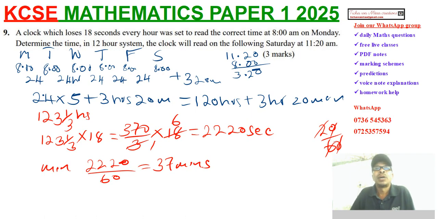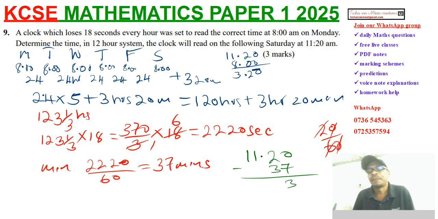So how do we get what will be the clock reading? You say it is 11:20, you minus the minutes that were lost, which are 37. Remainder 1, carry 1 here, so we have 80 because we are dealing with hours, and you get 43, and here it is 10.